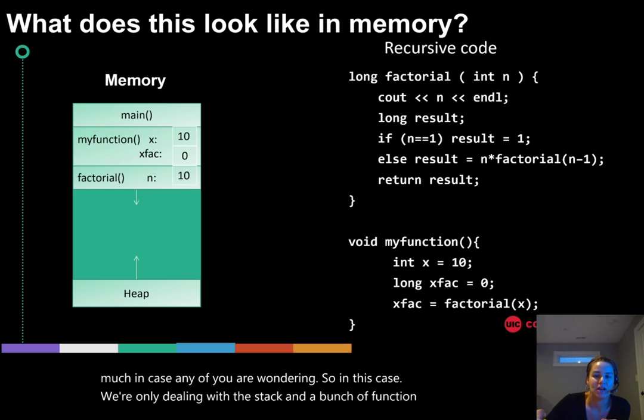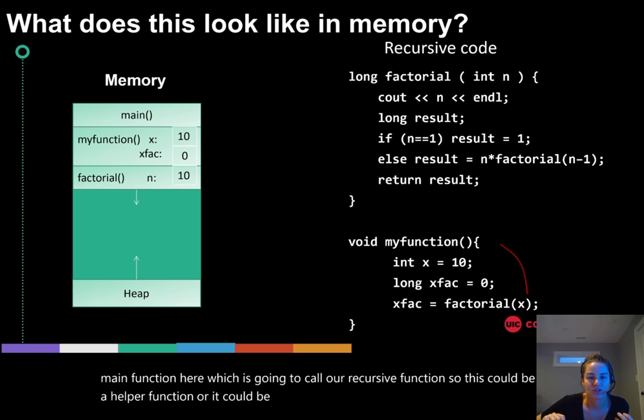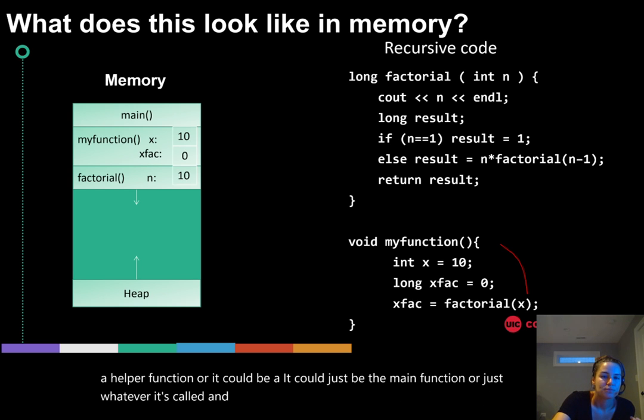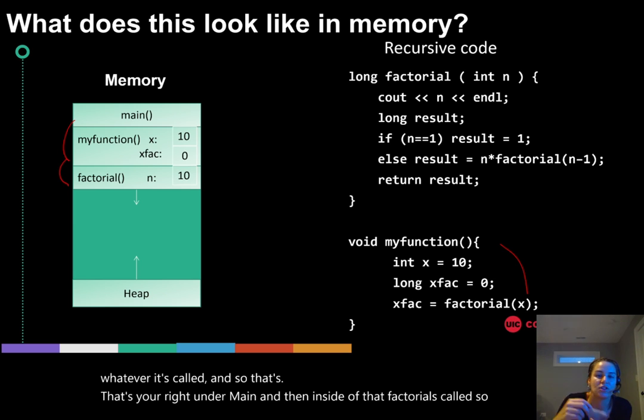So we have our main function here, which is going to call our recursive function. This could be a helper function, or it could just be the main function, wherever it's called. That's here right under main, and then inside of that factorial is called, so the stack grows down that first time.